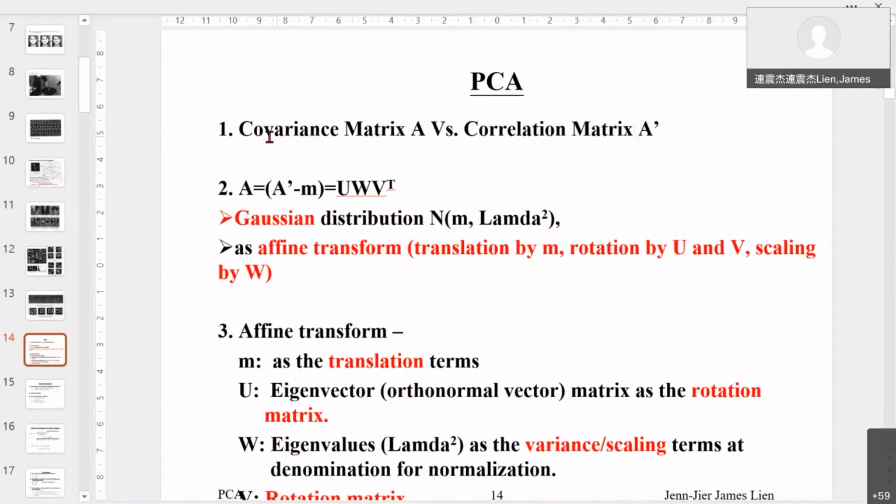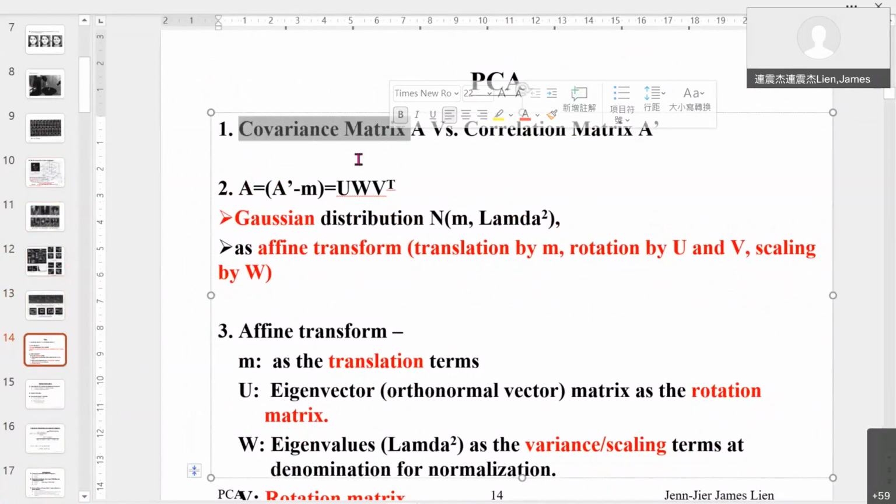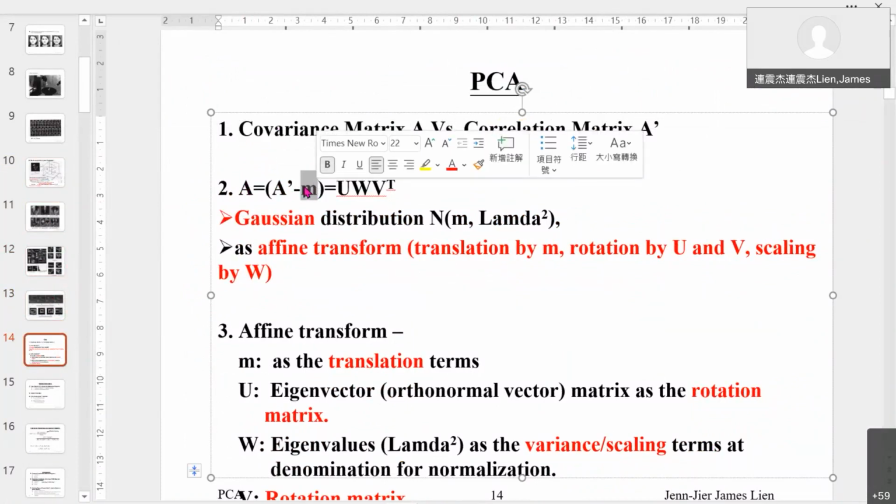So I have a little bit of a conclusion. PCA starts from a covariance matrix. What's the difference between covariance and correlation? Covariance means you need to subtract the mean value. Correlation doesn't have this, or the mean value is equal to 0.